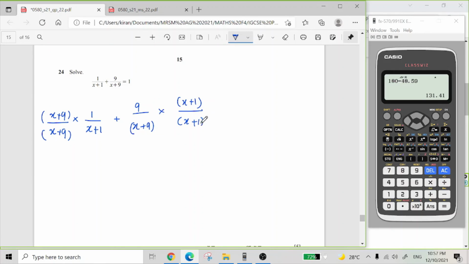When the denominators are the same, we can put all of these expressions as a single fraction.